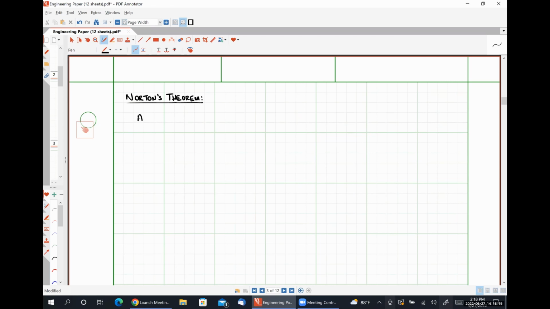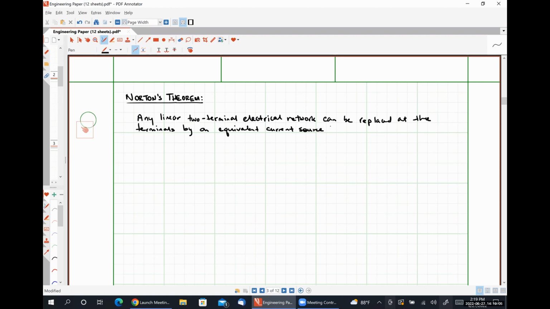So Norton's theorem says any linear two-terminal electrical network can be replaced at the terminals by an equivalent current source I Norton in parallel with an equivalent resistance R Norton.